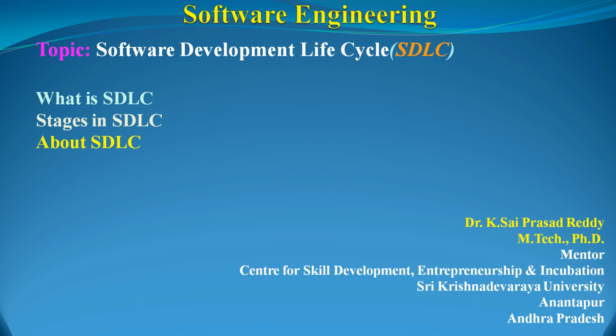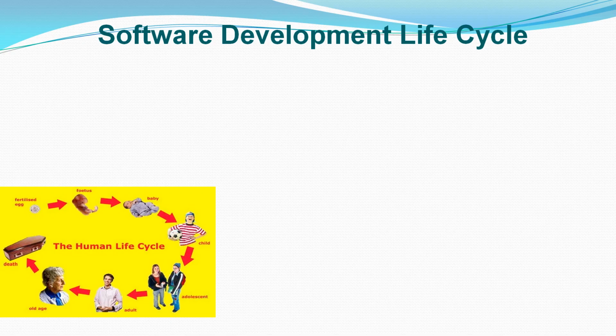Now see, before going to this software development life cycle, let us have a quick look at the human life cycle. The human life cycle means the life cycle which is related to human beings. If you observe this picture, this is the starting stage and this is the end stage of our human life cycle.